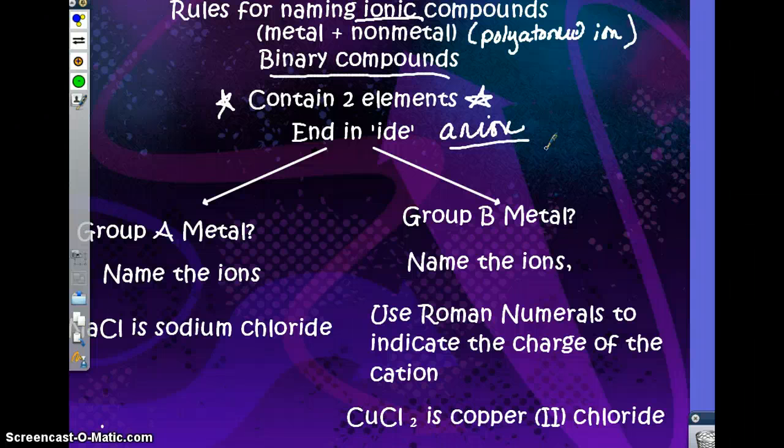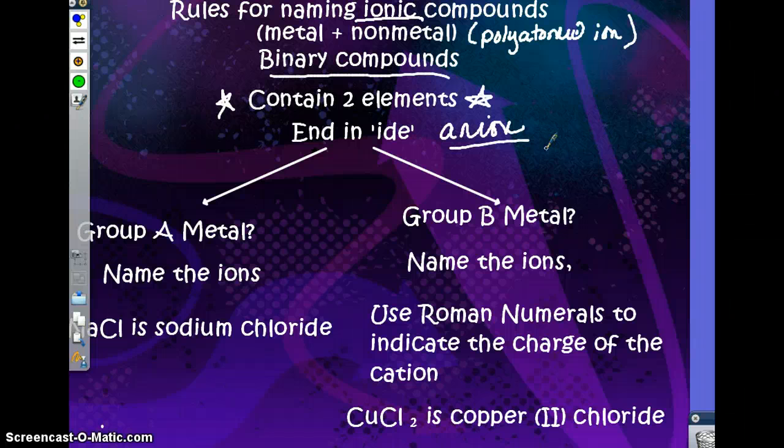Is the metal part of group A, or is it part of group B? Of course, group A is going to be metals that are located on the periodic table in the s and p sublevel for the most part.